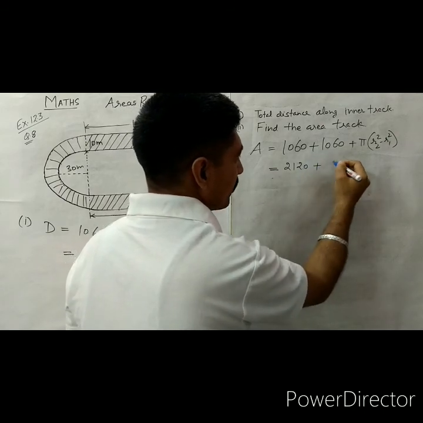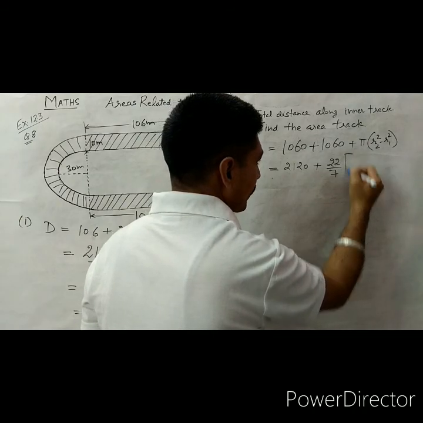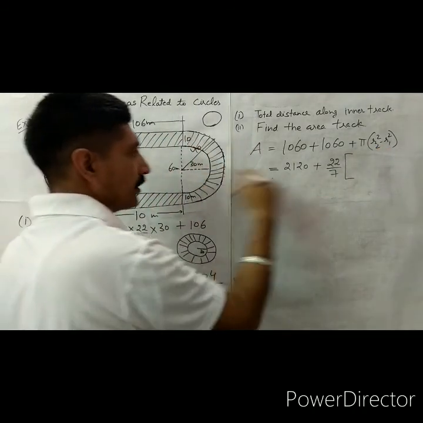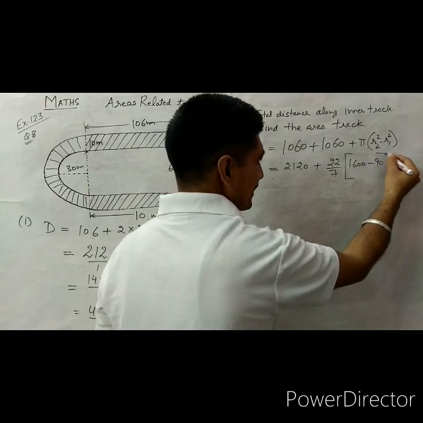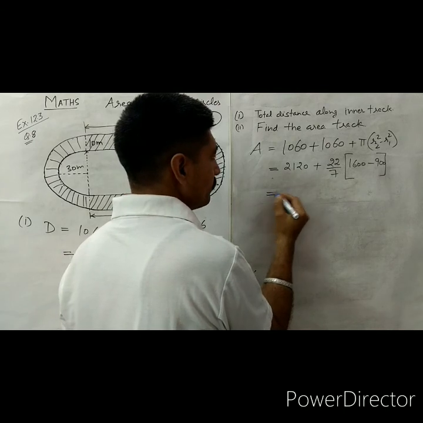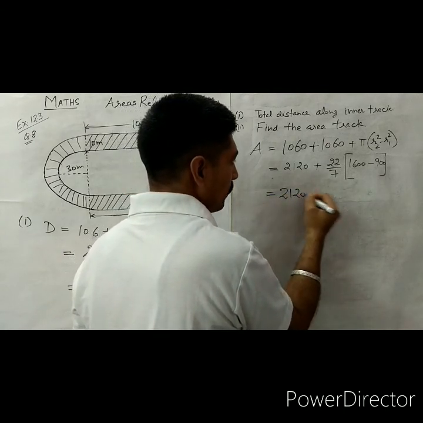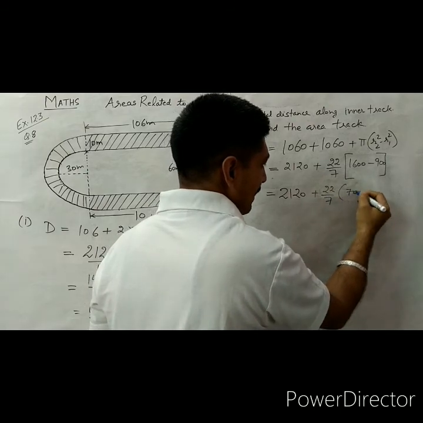So here we have 2120 plus the value of pi is 22 upon 7, and here r square, 40 into 40 is equal to 1600 minus 30 into 30 is 900. So here we have 2120 plus 22 upon 7 into 700.